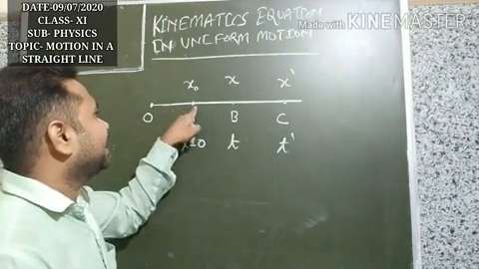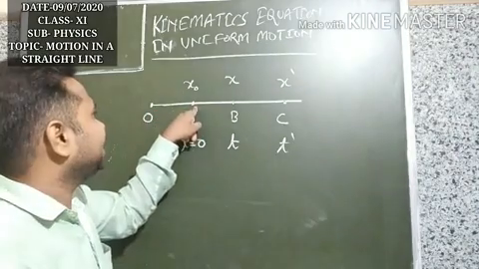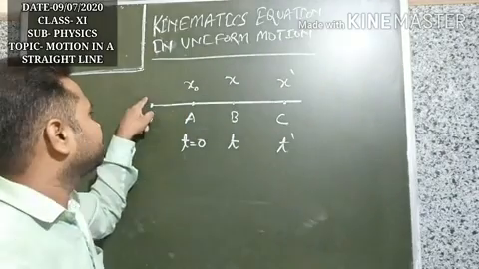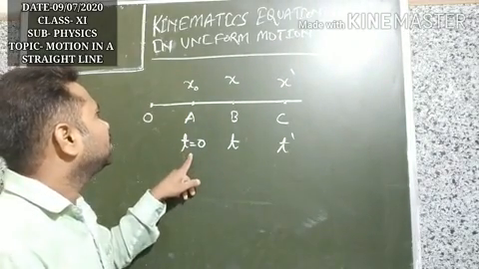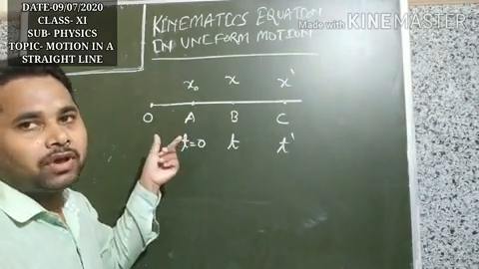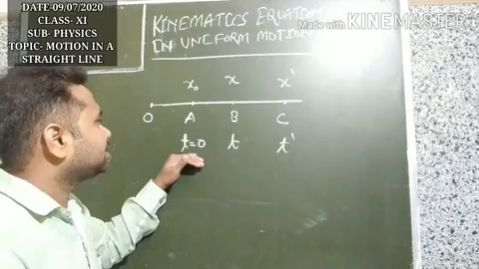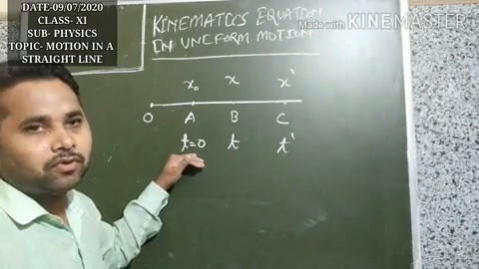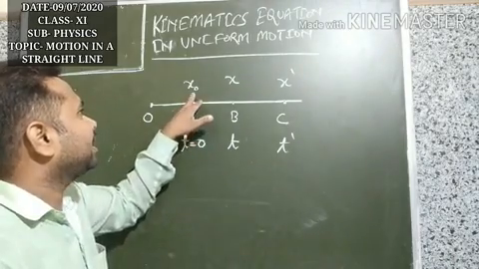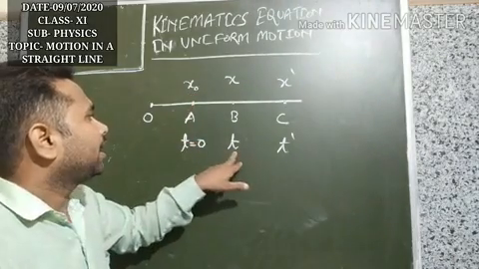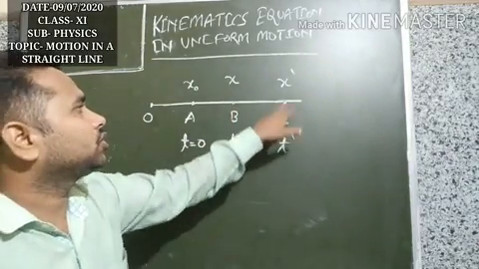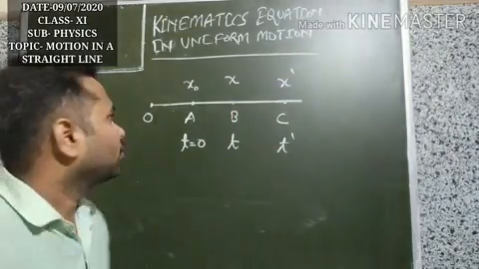When it is at A, it is at x0 distance from the observation point, and this is t equals 0. t equals 0 means the clock starts for observation of the body's motion, and it is at x0. At time t, position x. At time t dash, position x dash.